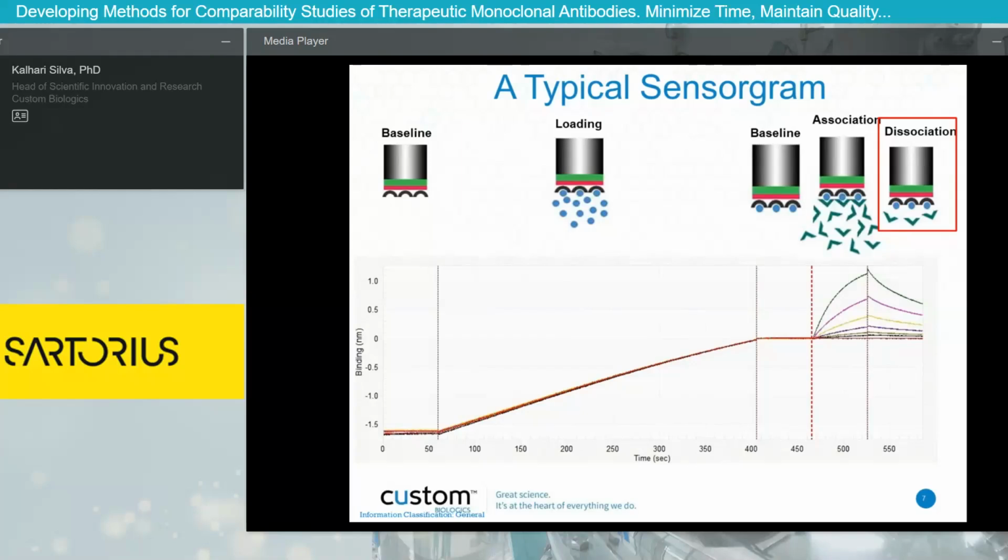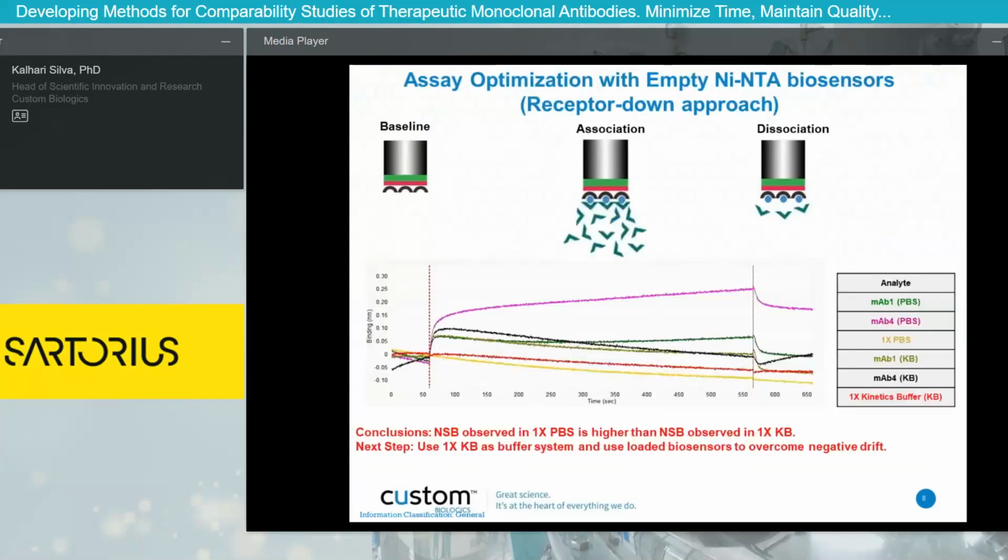When we optimize these BLI experiments at Custom Biologics, the first assessment we make is to determine if there's non-specific binding of the analyte to the empty biosensors. If you recall the antibody cocktail study, here MAB1 and MAB4 represent two antibodies coming from the two expression systems. Here I have also used two different buffers, PBS and kinetics buffer. Kinetics buffer is used here at 1x, diluted from a 10x kinetics buffer provided by Sartorius.